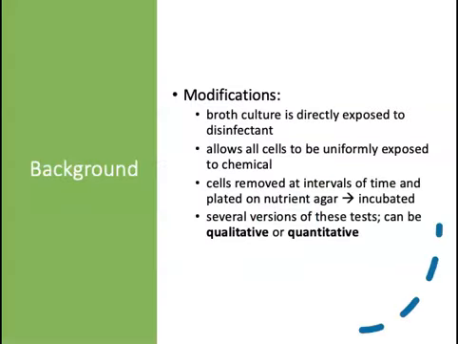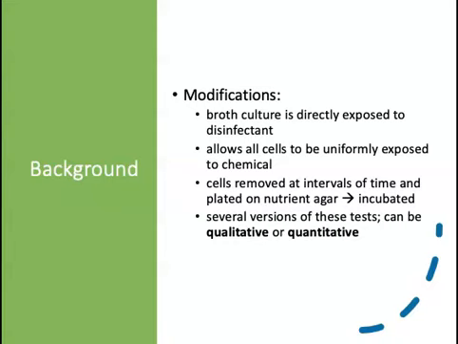There are several modified protocols that can be done for this use dilution test. For example, there is a modification where you can take an actual broth culture and expose it directly to a disinfectant. Some people prefer that version of this test because they feel that it allows all of the cells to be uniformly exposed to the disinfectant.